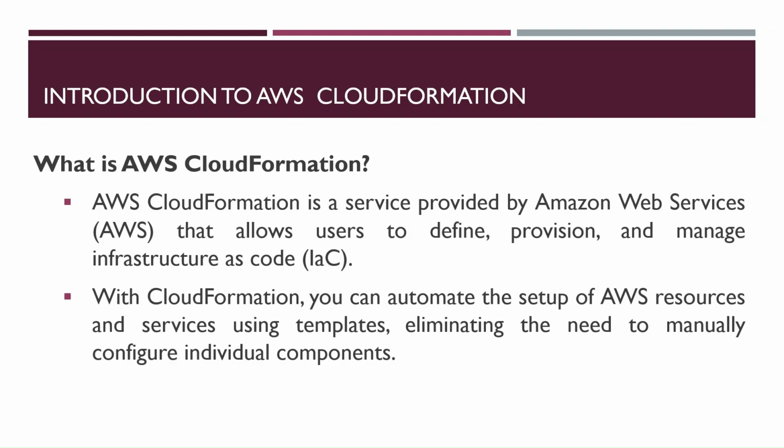It helps to automate the process, saving time by automating resource creation and updates. It ensures all environments like development, testing, and production are set up in the same way. It helps to track and update the changes to your infrastructure over time.